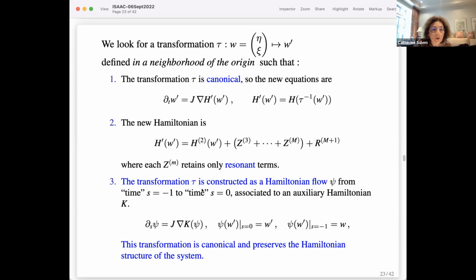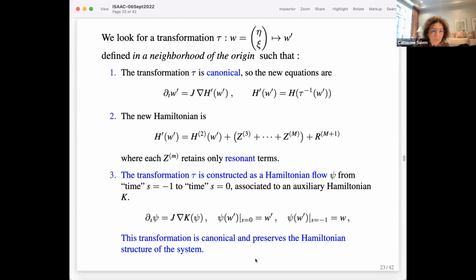This transformation will be constructed as a Hamiltonian flow, an auxiliary Hamiltonian flow from s equals -1 to s equals 0. So s equals -1 will be the old variables, and s equals 0 will be the new variables.